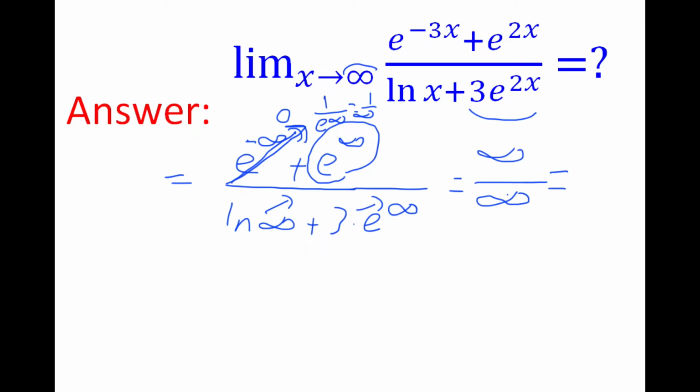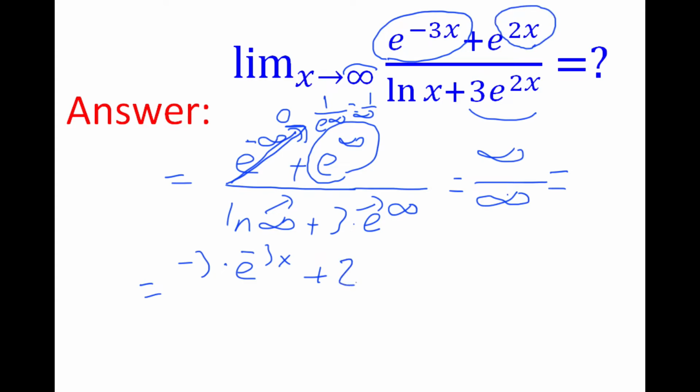If you remember, we can take the derivative of the numerator and the derivative of the denominator, and then divide both parts. Once we do it, the derivative of e to the power of negative 3x is negative 3 times e to the power of negative 3x, plus the derivative of e to the power of 2x. If you take the derivative of 2x, then we're going to have 2, right?